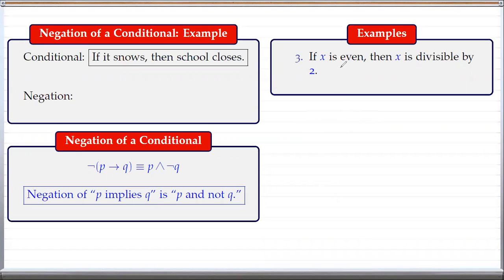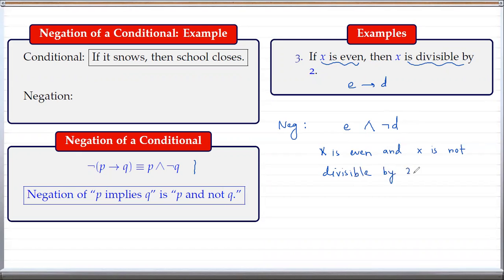Again, if we let this part be E and this part be D, then we have E implies D. Using this formula again, we have the negation to be E and not D. So this we can write in the given form as X is even and X is not divisible by 2, because we have not D over here, not divisible by 2. This is the negation of the statement: if X is even, then X is divisible by 2.